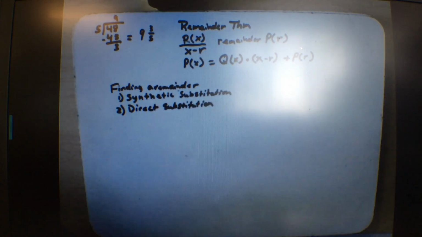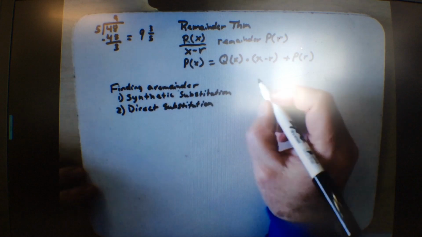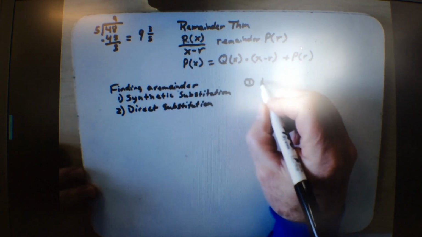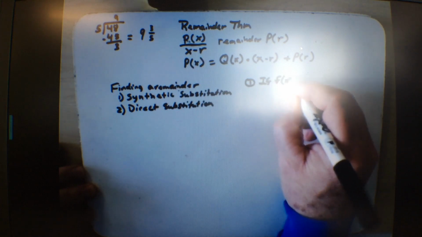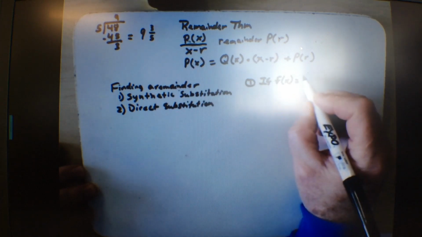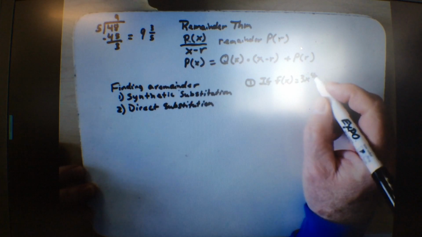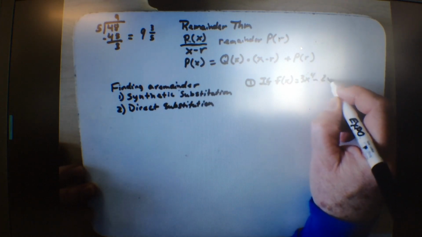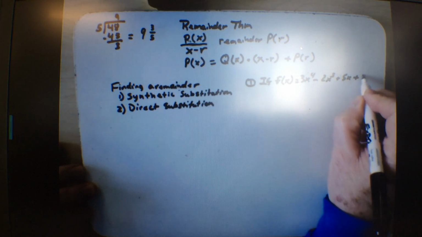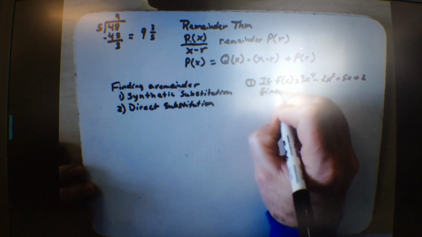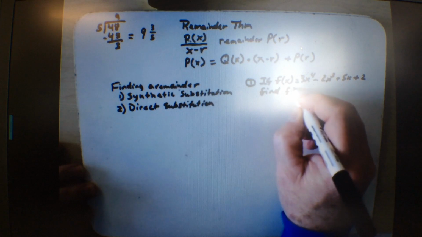If you turn to page 288, example 1, at the top of the page, it says, number 1, if f of x equals 3x to the 4th minus 2x cubed plus 5x plus 2, find f of 4.